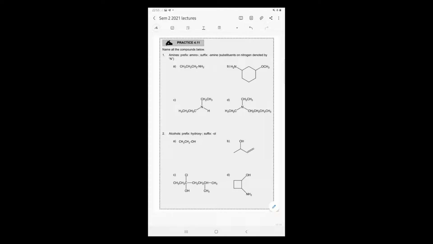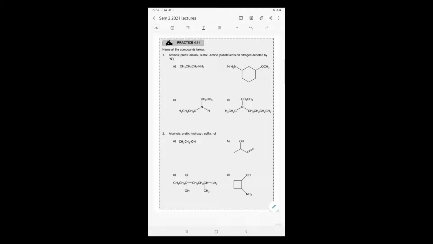Now practice 4.11. These are the compounds or molecules containing functional groups from group A, prefix or suffix. You can refer to page 142 for the steps of naming. So let's give names now.